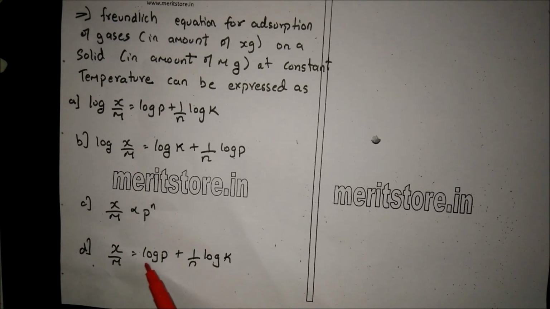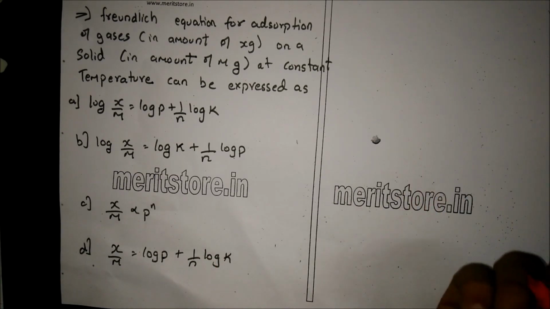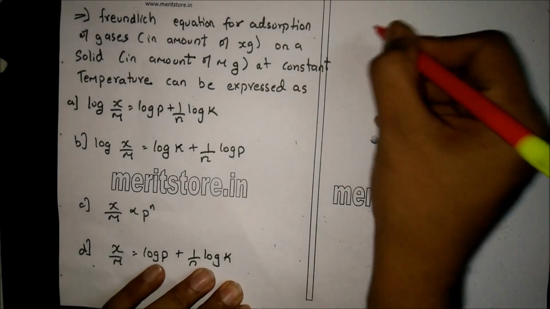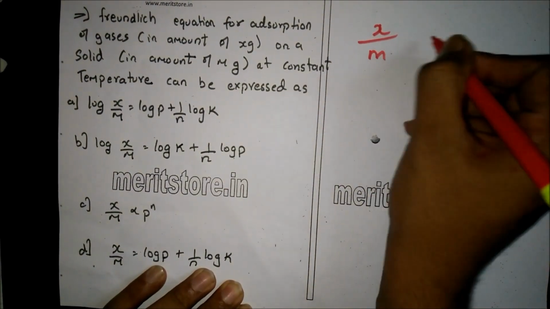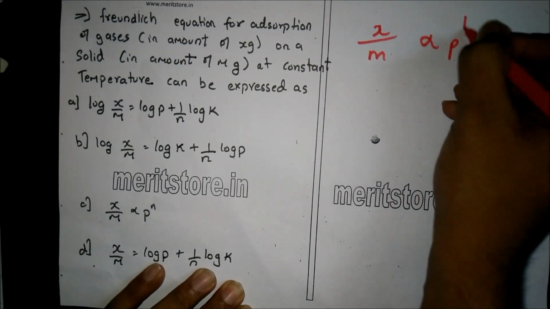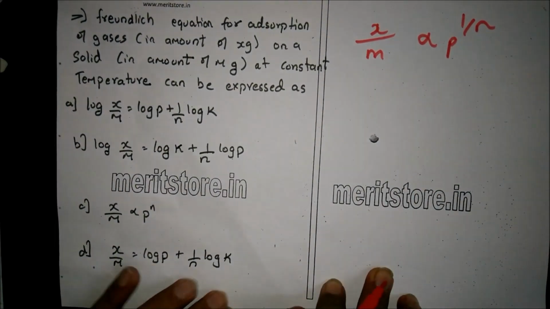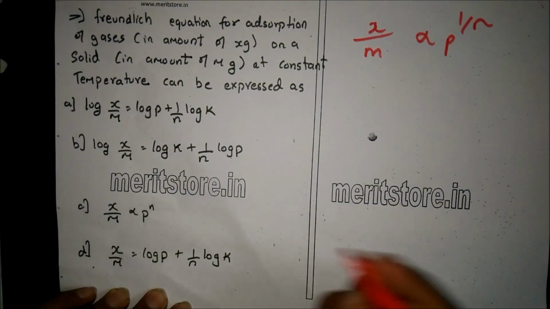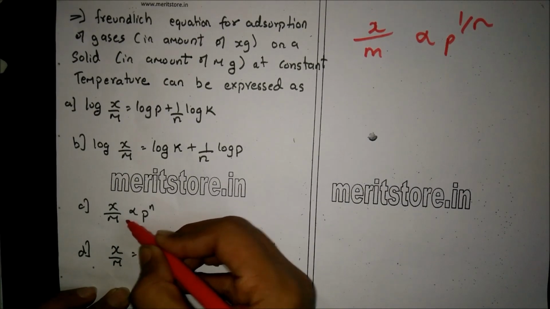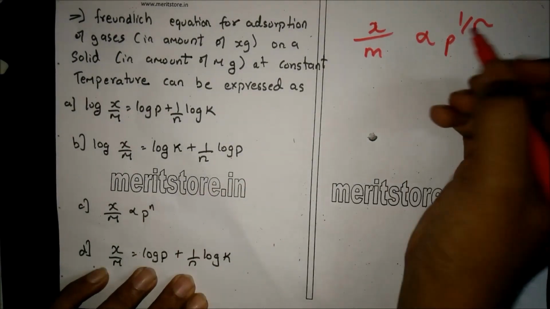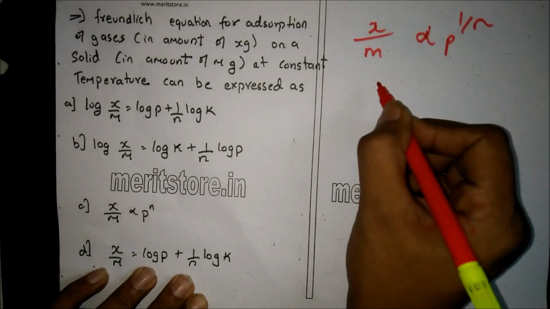Or D. x/m = log P + 1/n log K. Now, according to Freundlich equation, x/m is directly proportional to P raised to 1/n. So, C is definitely not the correct answer because C states x/m is directly proportional to P raised to n. Now, we can equate both by introducing a constant.